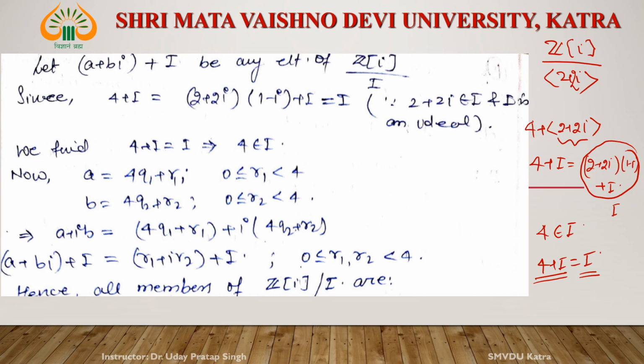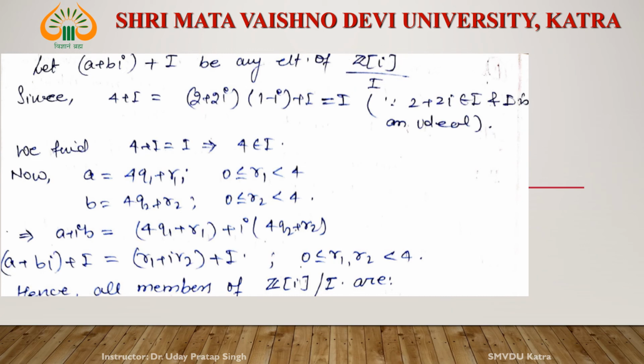Every element of this, a plus bi, is equal to a plus bi plus I, that is 2 plus 2i, where a, b belong to Z. Since what is 4? 4 is equivalent to 0.